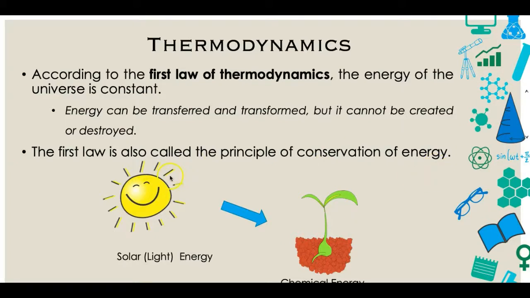So basically, from this figure below, the solar or light energy is transferred to the plant and will be transformed into chemical energy.